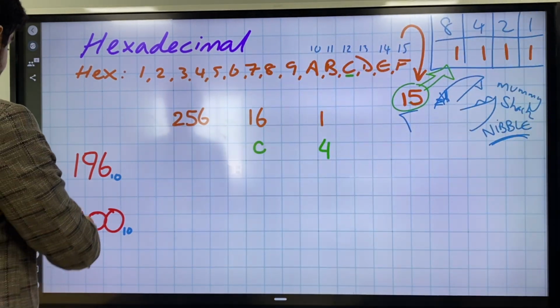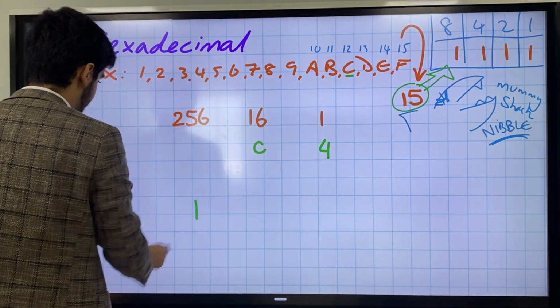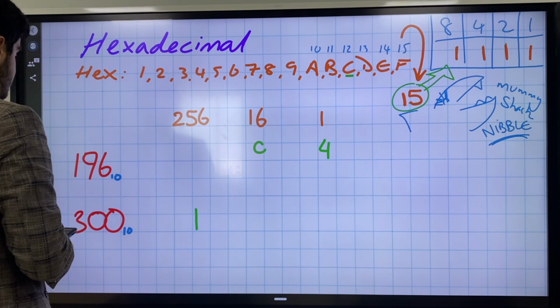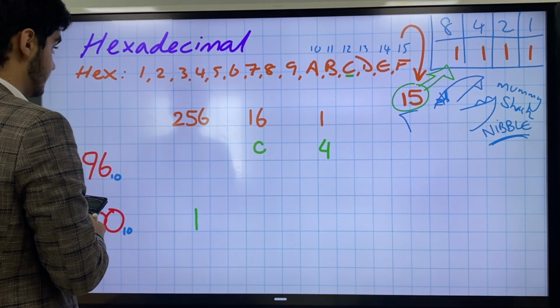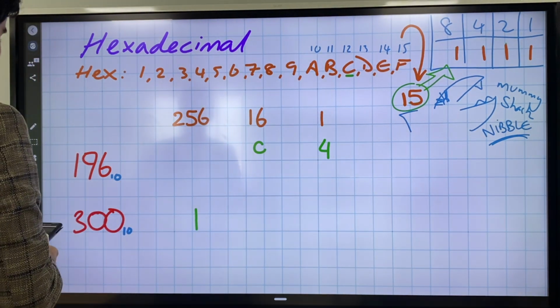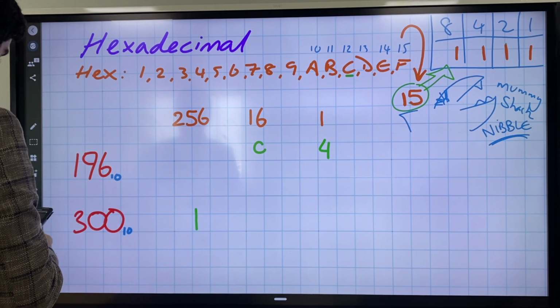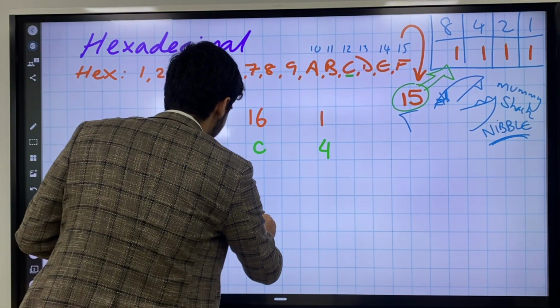But in this case scenario, we can see that it's actually bigger, so it's 1. And so if we subtract 300 from 256, we're going to get 44. So dividing 44 by 16, we're going to get 2.75. So we can arguably say that this is 2.